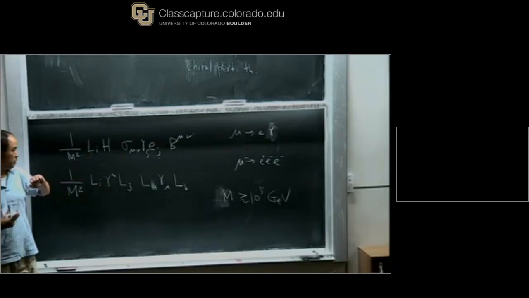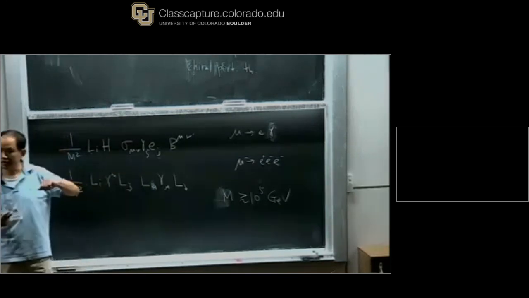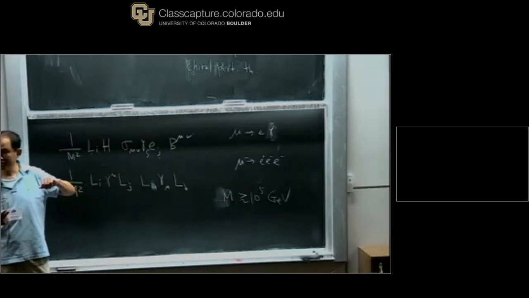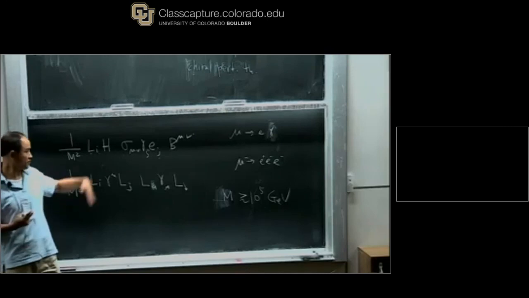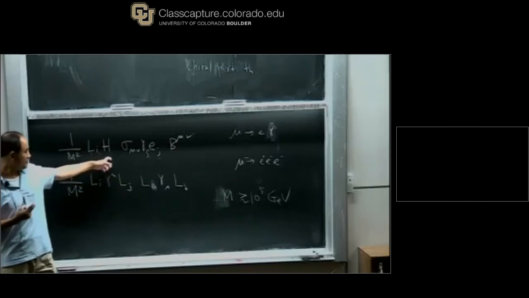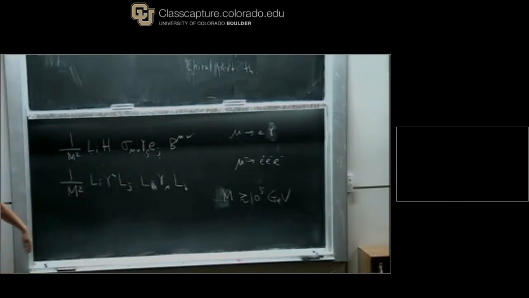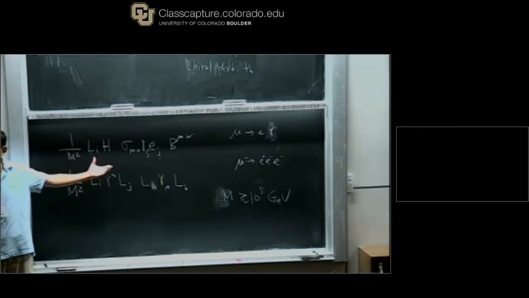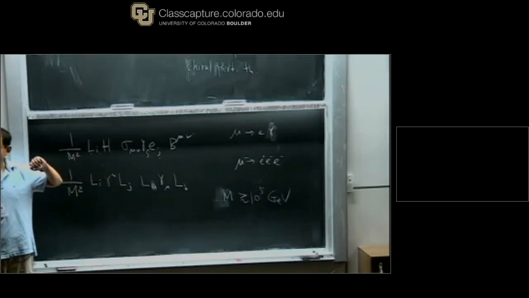You can also test this kind of operator through the electric dipole moment of electrons. In the standard model it's tiny, and it has to involve quarks at higher loop. But in beyond standard model theories, this can be quite big, and that's another strong constraint on the BSM theories that you can write.